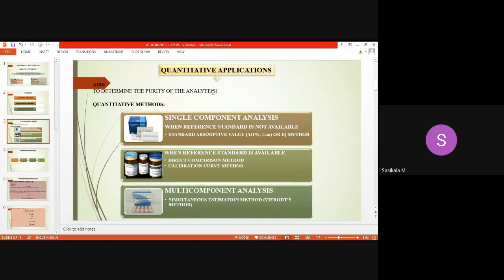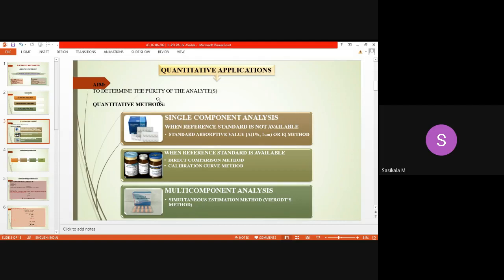If it meets the expected standard value, then the compound is said to be highly pure. If the calculated amount or concentration lies within the given standard range, it is said to be a highly pure compound.